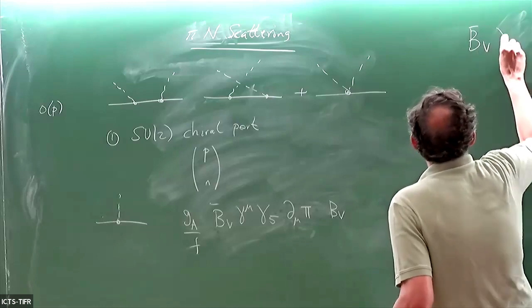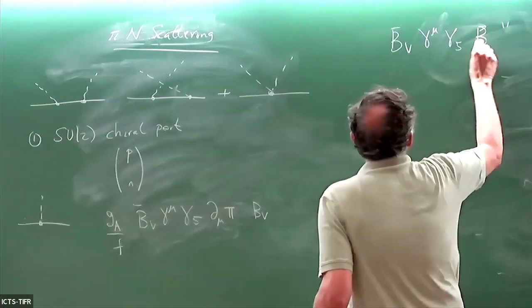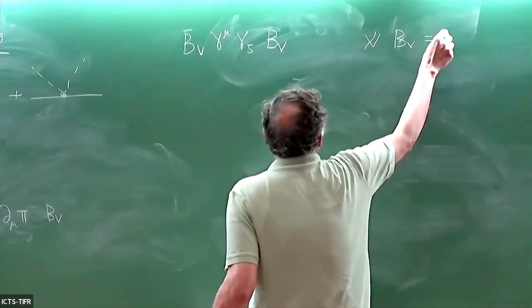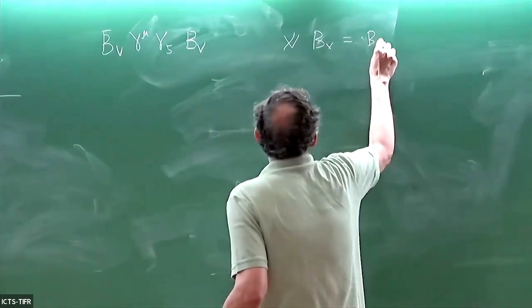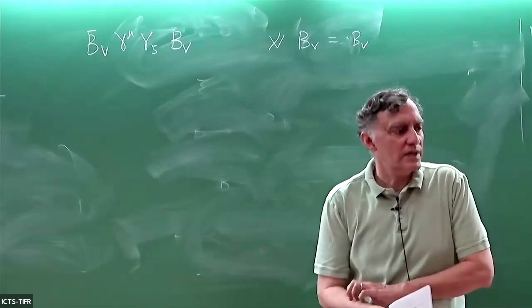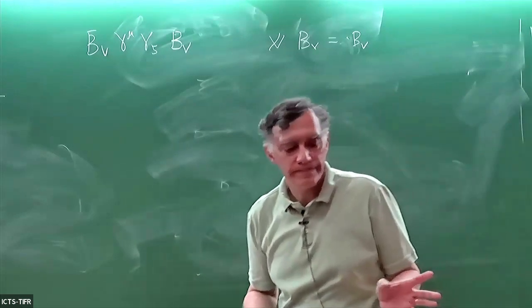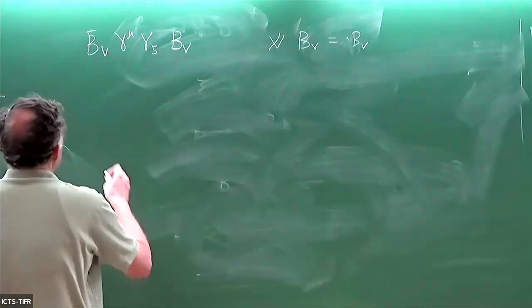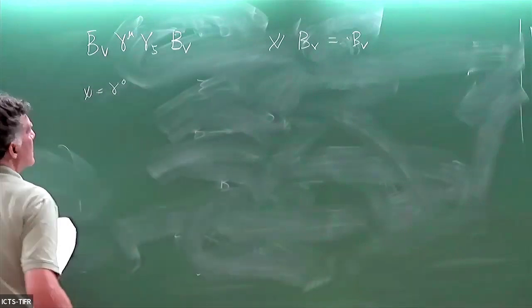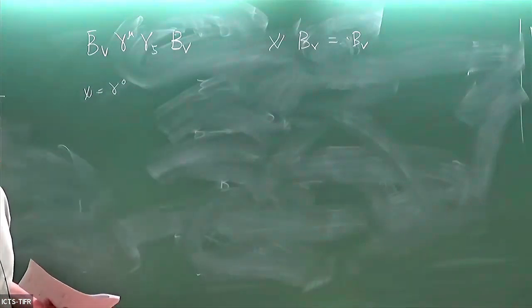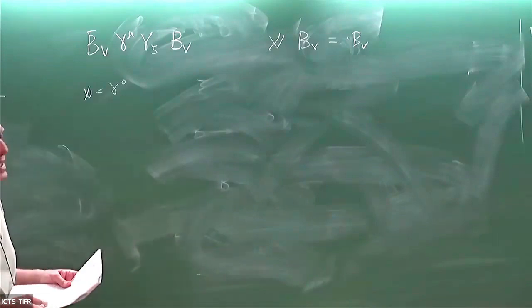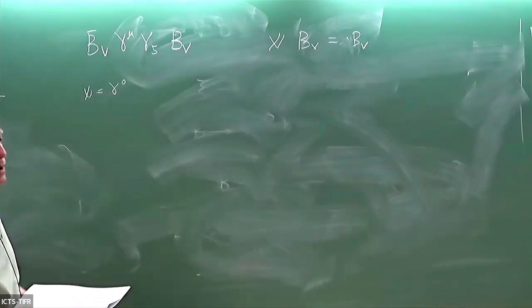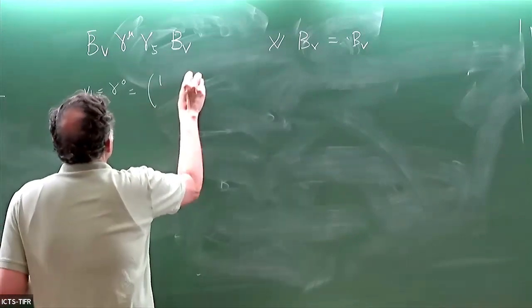I have B bar V. Now, I know that B sub V satisfies V slash B sub V equals B sub V. Now, maybe the easiest way to understand what I'm saying is, suppose I work in the rest frame where V mu is 1, 0, 0, 0, then V slash is just gamma 0. And when you're doing SET, it's more convenient to use the Weyl basis. When you're doing HQET, it's more convenient to use the so-called non-relativistic basis where gamma 0 is 1, 0, 0, minus 1.